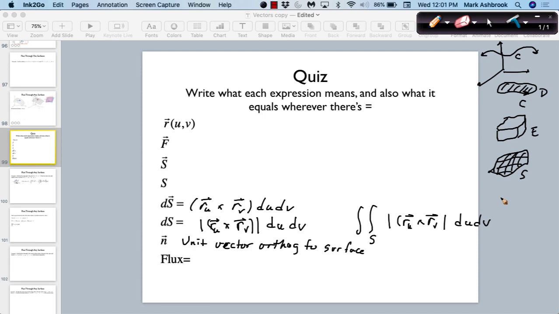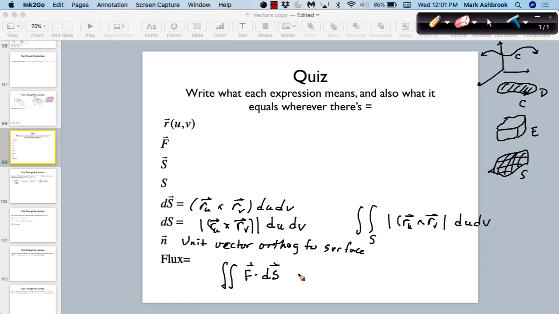Parallel to the S vector, because the S vector is already orthogonal to the surface. Then we want the part of F that's parallel to S, because that's the part of F that's orthogonal to the surface. So that means what? Dot product of F and dS.